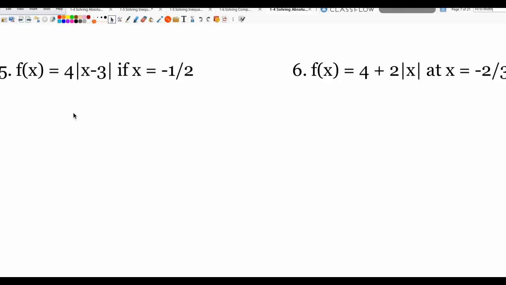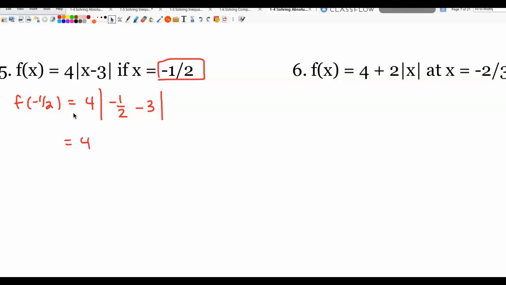Okay. Number 5. Same idea. We're going to plug in what we have. So x is -1/2. So that's like f of -1/2 equals 4 absolute value, -1/2 minus 3.